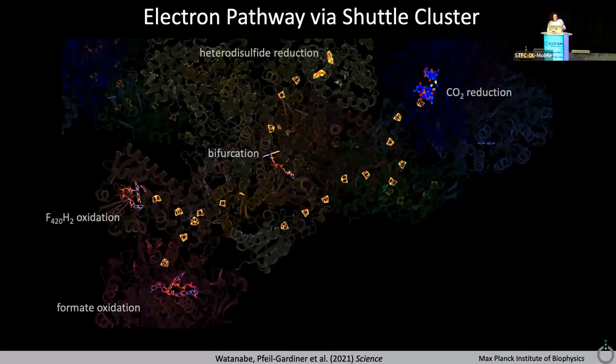And the third take-home message is related to how these two complexes are linked together, because as it turns out, they not only form a supercomplex, but they in fact form an electrically connected supercomplex, which allows these very precious electrons generated by electron bifurcation to be transferred directly via a polyferredoxin subunit all the way to the CO2 reduction site.